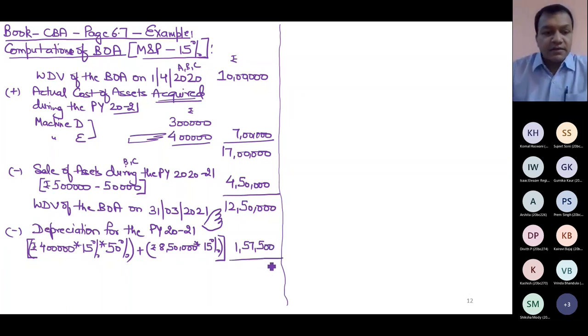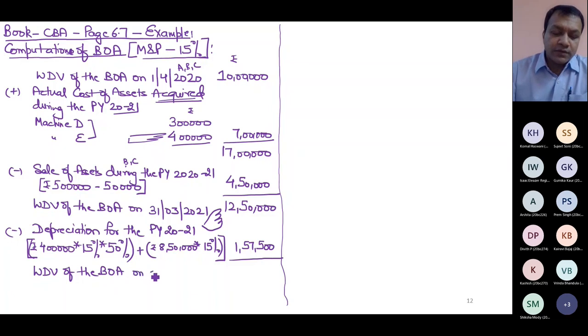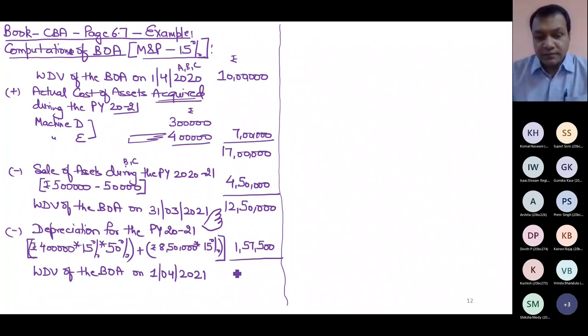And this becomes my WDV of the block of asset on 1st April 2021, and the chain goes on. 1250 minus 157,500, 1092,500.